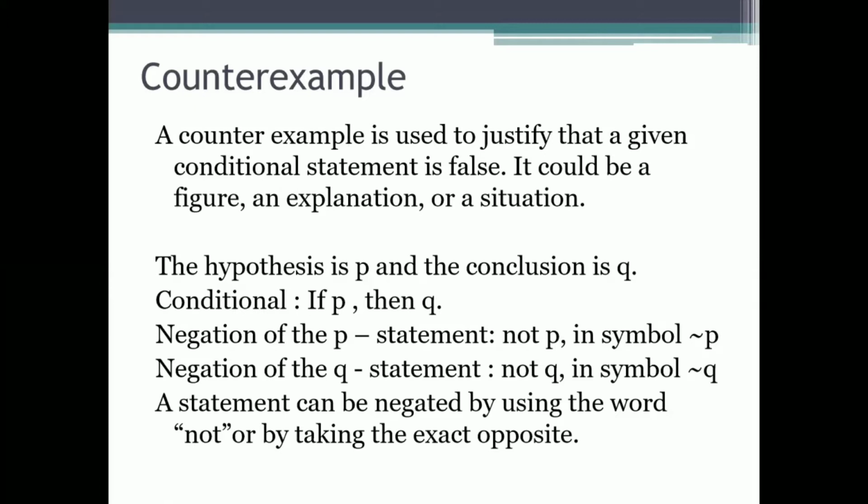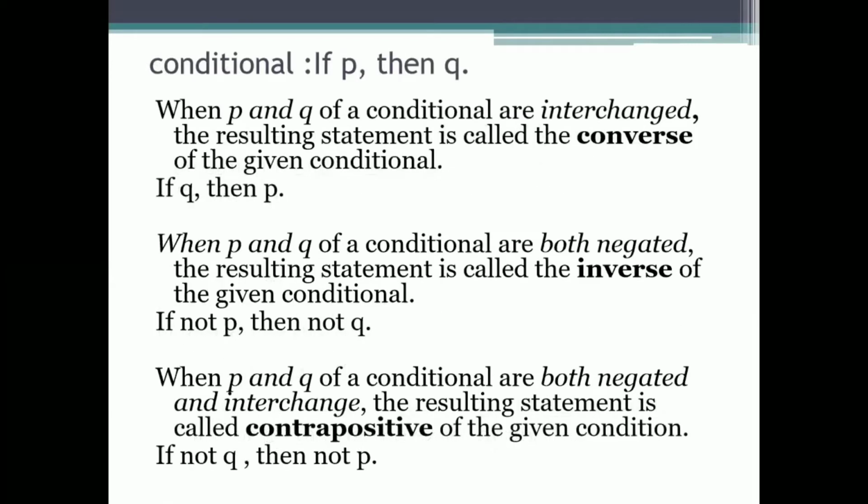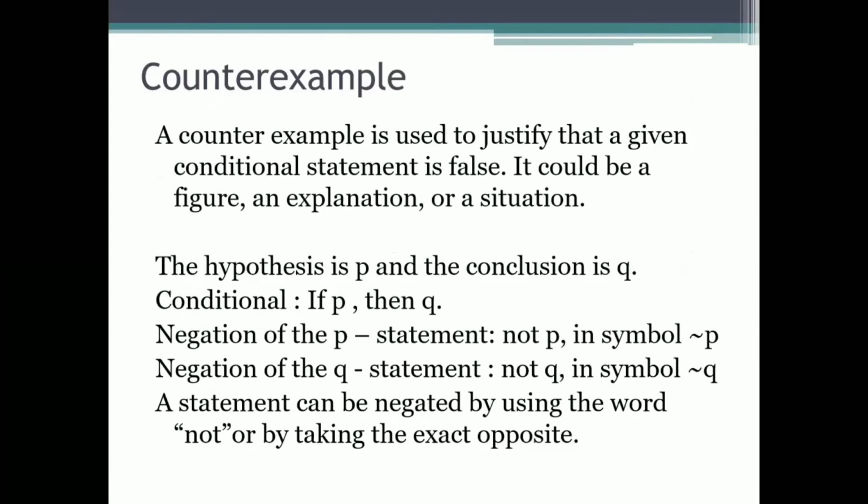From the word negation, it is a negative statement. Okay. So conditional, again, if P, then Q. What is P here? The P is the hypothesis and the Q is the conclusion.